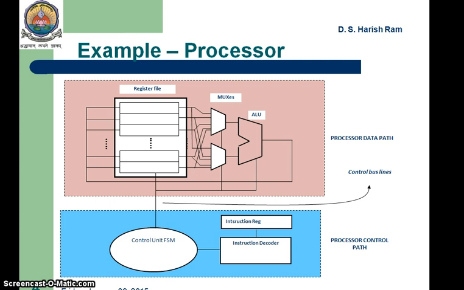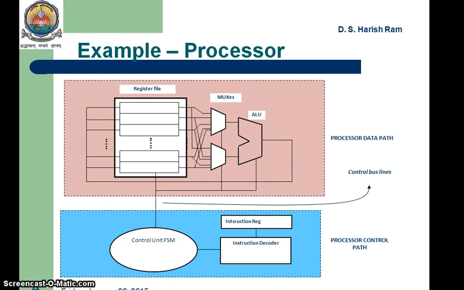So during a particular arithmetic or logical operation, the operands are selected from the register file by appropriately configuring the muxes, and the ALUs are configured by the signals from the control path.